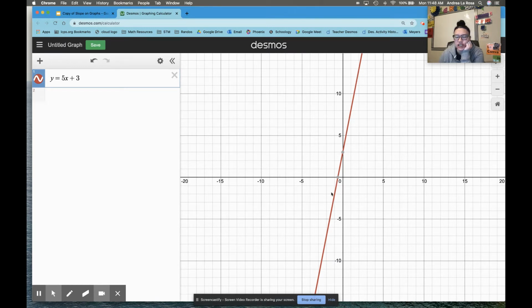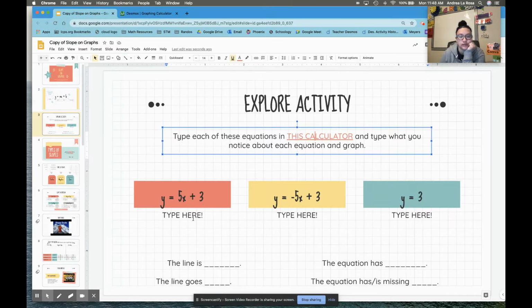As I look at that line, I see that my b, my y-intercept, where my graph crosses the y-axis, is at 0, 3. Because remember that b, my y-intercept, is 3. That means my graph crosses the y-axis at 3. I see that as I go left to right, just like when I read left to right, my line is going up. So that's our first equation. Those are the things we notice.